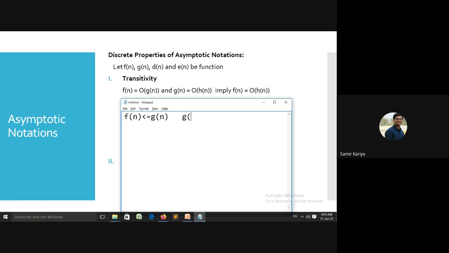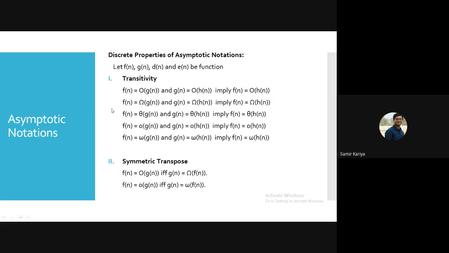Second, g of n is less than or equal to h of n. You can simply write here f of n is less than or equal to h of n. So that's the transitivity property. So that's a simple one. This transitivity property holds for all 5 notations: big O, big omega, theta, small o and small omega.